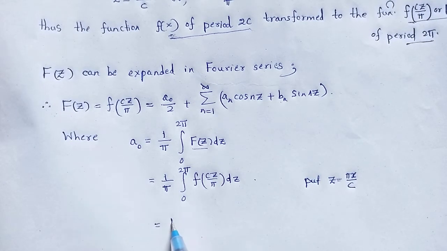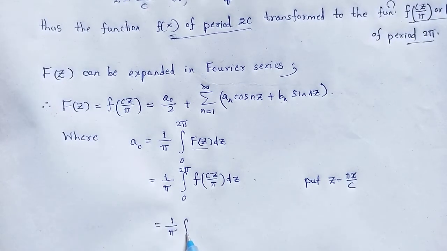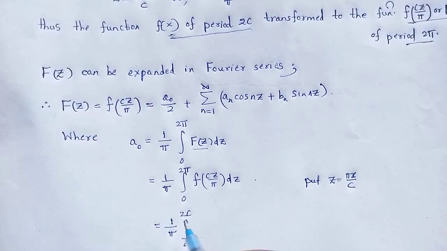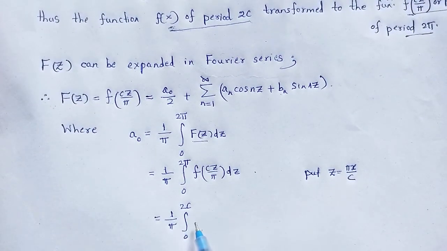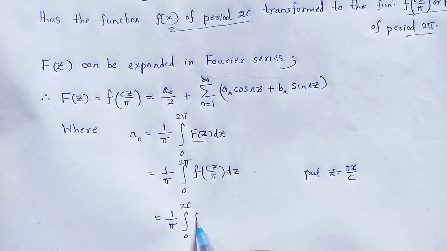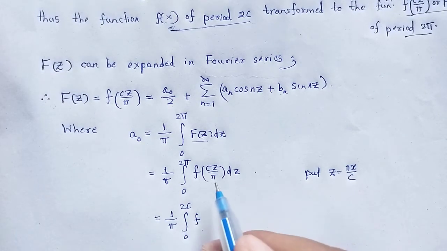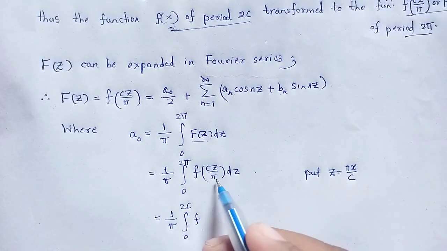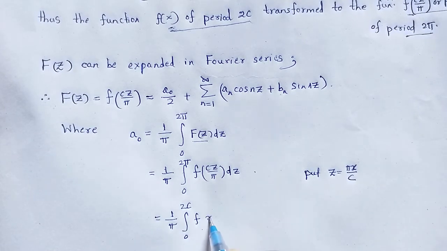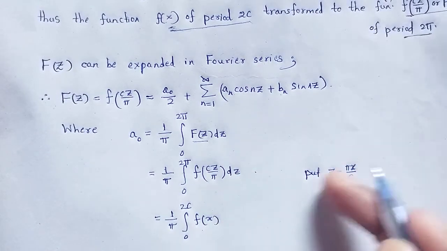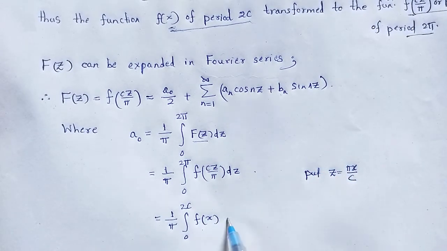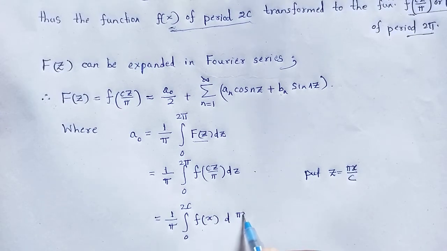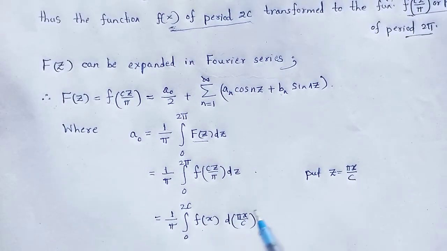So it is f of x, and differentiating, dz is d of pi x by c.